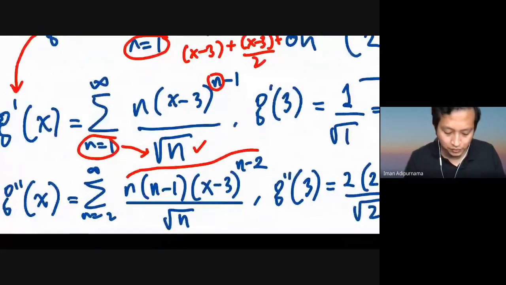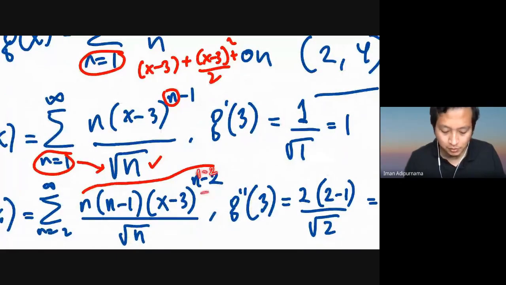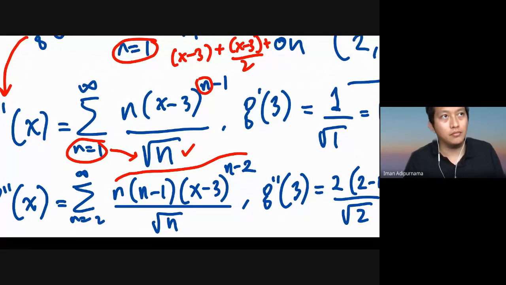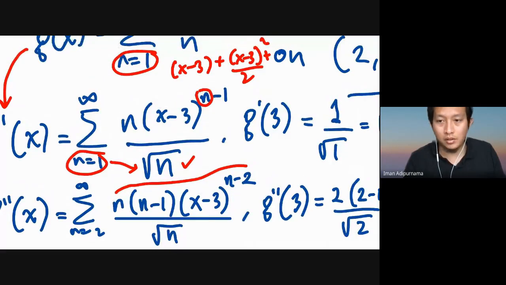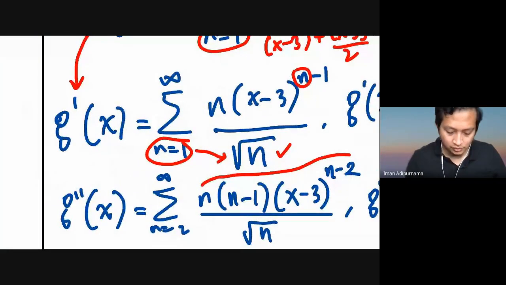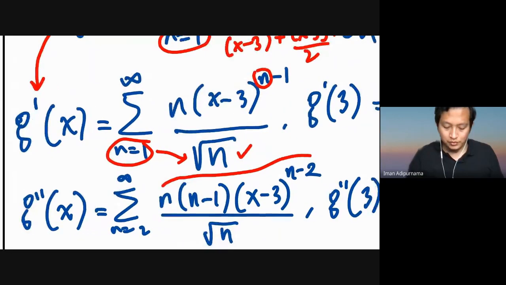So if you plug in, for example, 1 minus 2, it becomes minus 1. It's not in our domain of n. The n should be from 0, 1, 2, 3. It should be positive. So we are changing the n, so we plug into all this n.